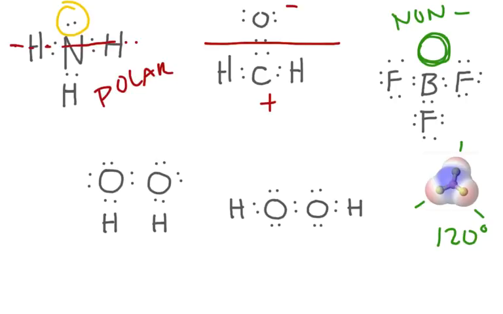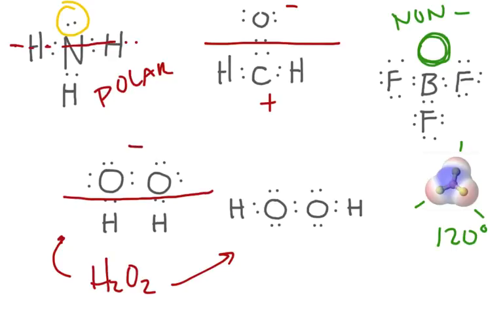Now down here at the bottom we have hydrogen, oxygen, oxygen, hydrogen. So this is the H2O2 hydrogen peroxide molecule. And again, we can draw this 2 different ways. In this first one, you can sort of see that one side is definitely going to be negative and one side is going to be positive. And that'll be a polar molecule. This other one, we have to watch out.